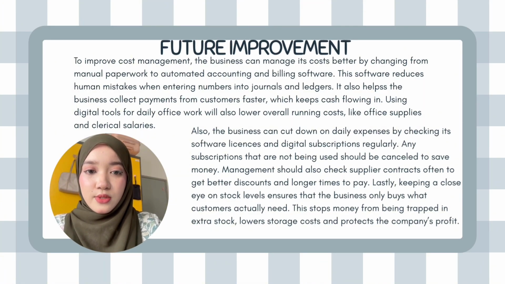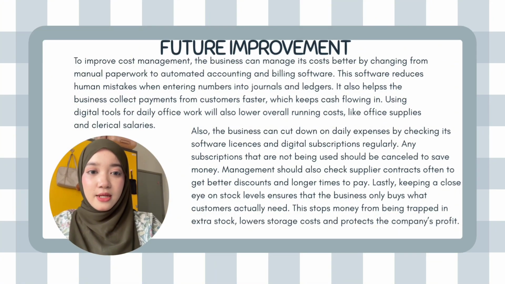Using digital tools for daily office work will also lower overall running costs like office supplies and clerical salaries. Also, the business can cut down on daily expenses by checking its software licenses and digital subscriptions regularly. Any subscriptions that are not being used should be cancelled to save money.